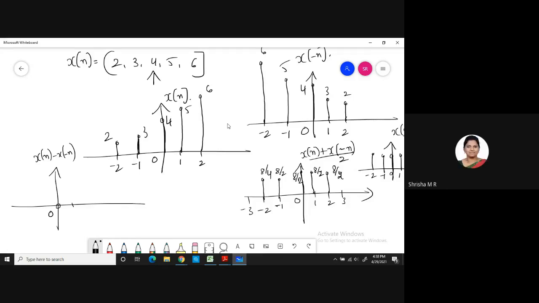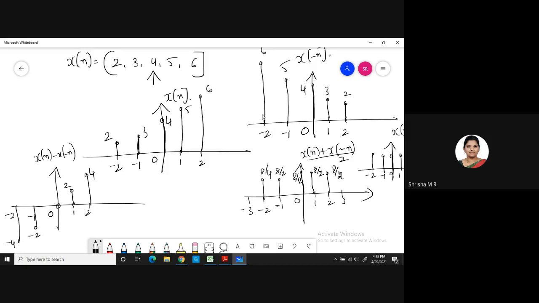At 0 it will be 0 only. At 1? 2. At 2? 4. What about minus 1? Minus 2. And at minus 2? Minus 4. Understood, everyone?